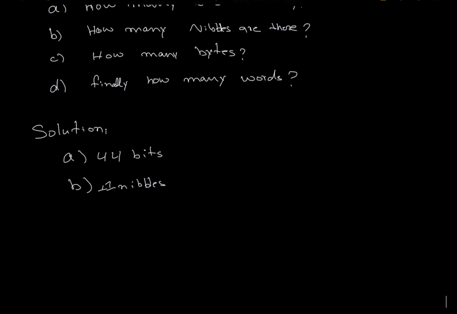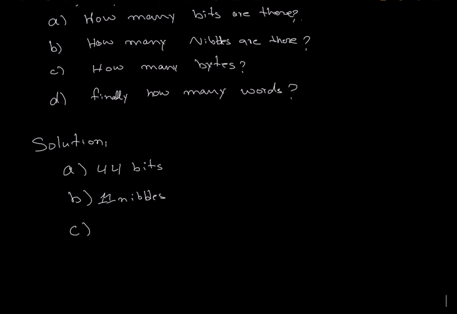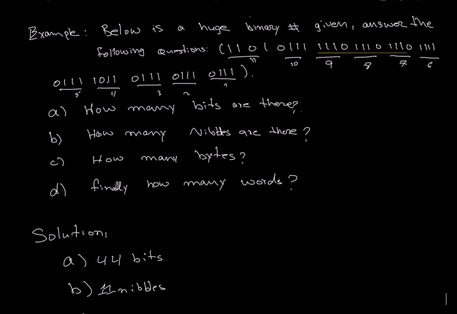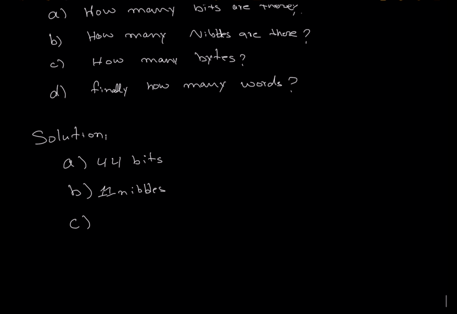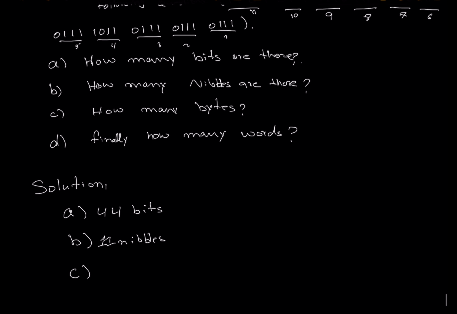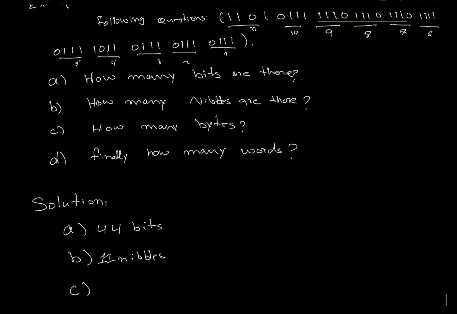Now C asks how many bytes are there. One byte is 8 bits, so we will have completely 5 bytes and 1 nibble. It's not a complete byte system, but it will be 11 nibbles.